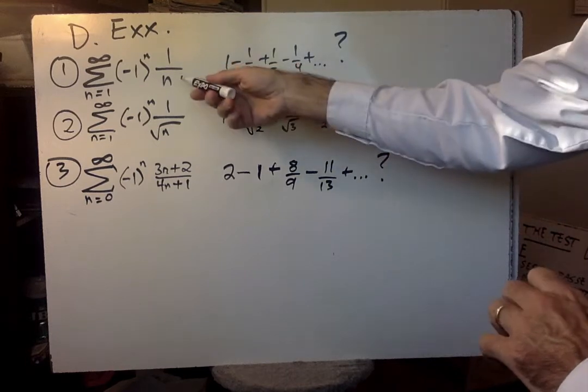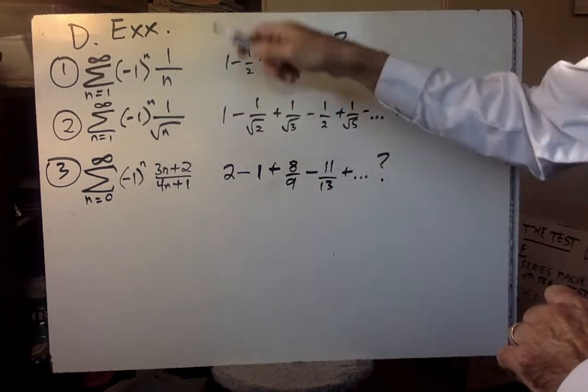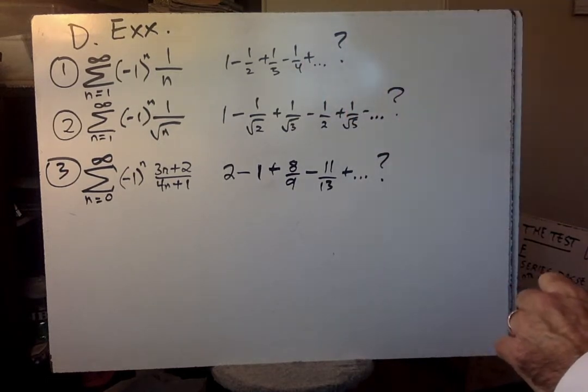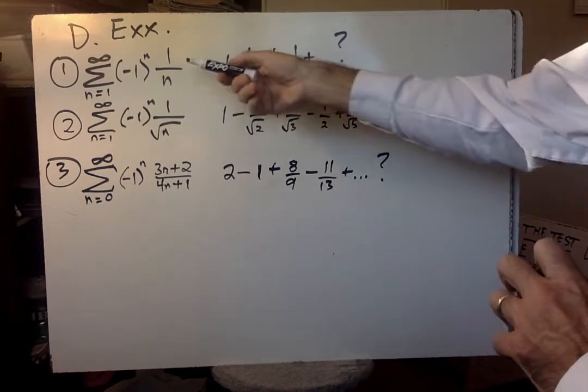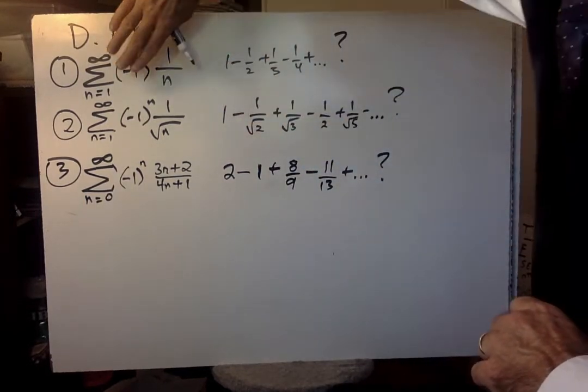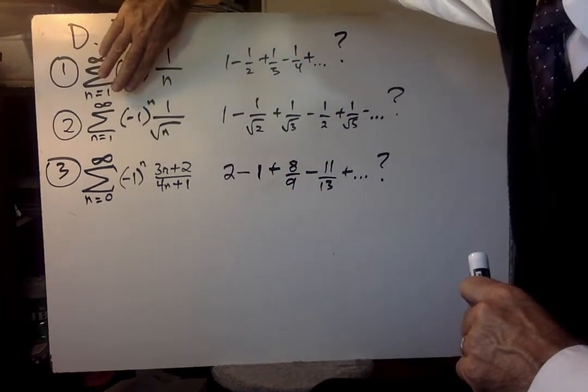We can see that because it's a p-series with p equals 1, so it diverges. It's just like the integral of 1 over x. The integral is natural log, a function that increases without bound, so the improper integral diverges. The series itself diverges if it's non-alternating, if it's all positive.